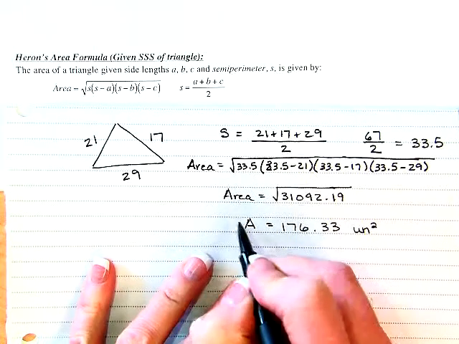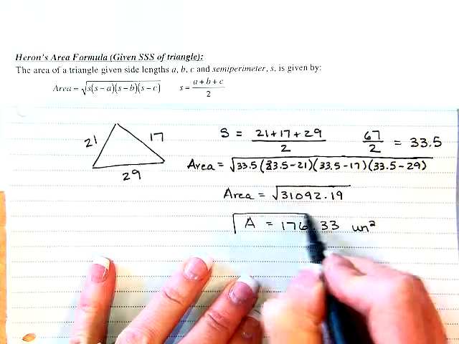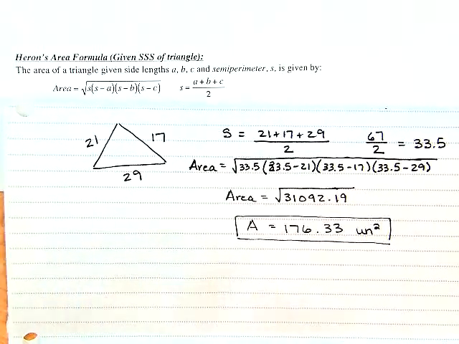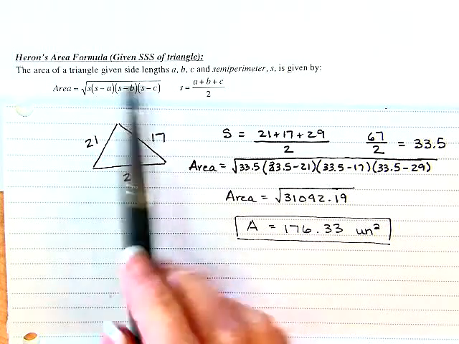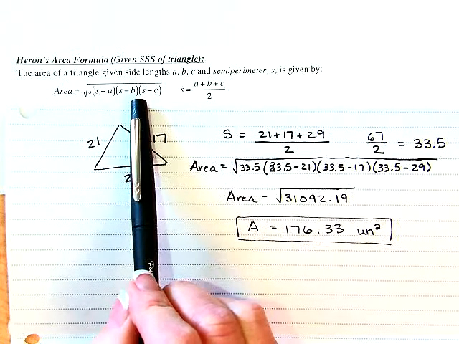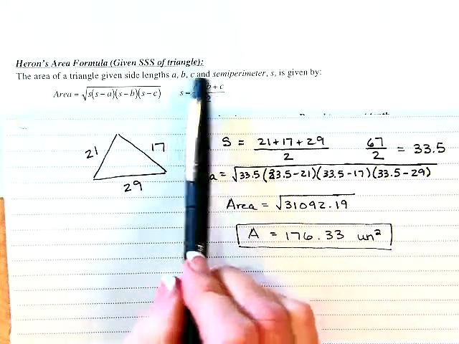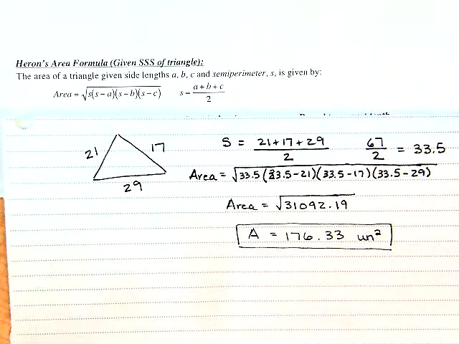So we have square units, and that is the formula then that you're going to be using in your homework today. You do not need to memorize the formula. You do need to understand that S means the semi-perimeter, but this is usually given as well. So that then concludes our law of cosines day 1.